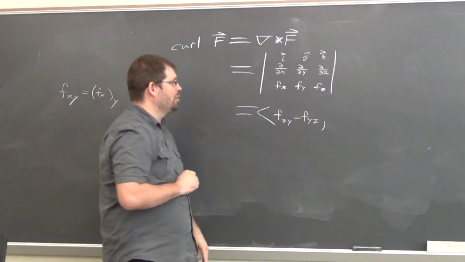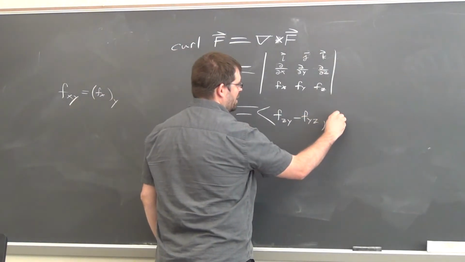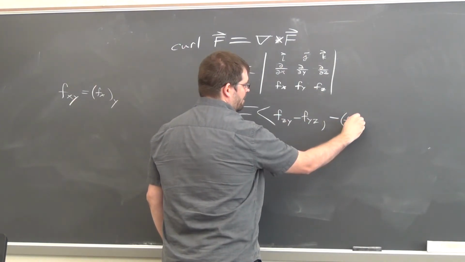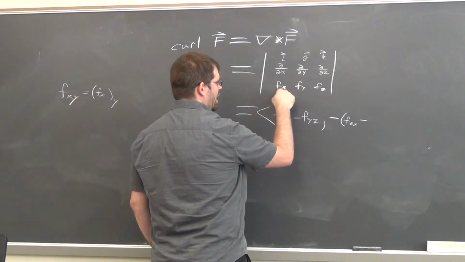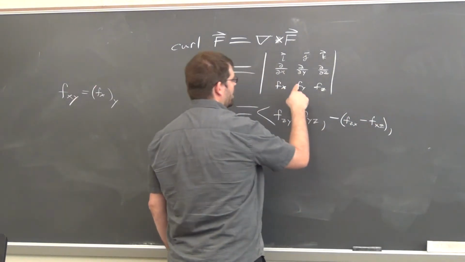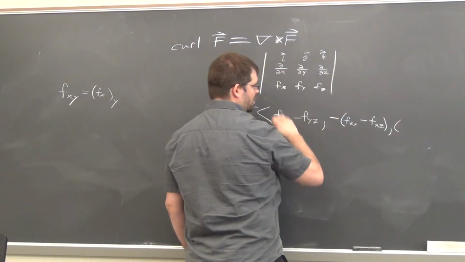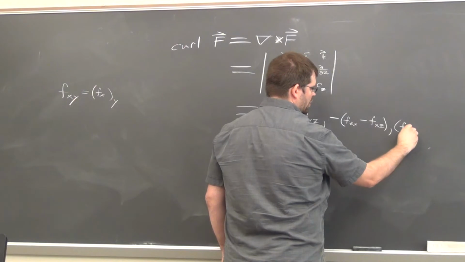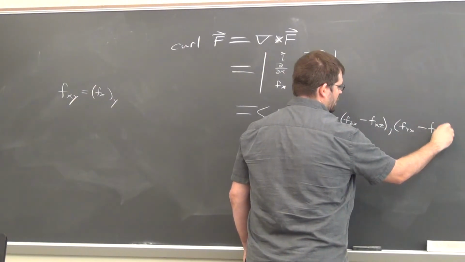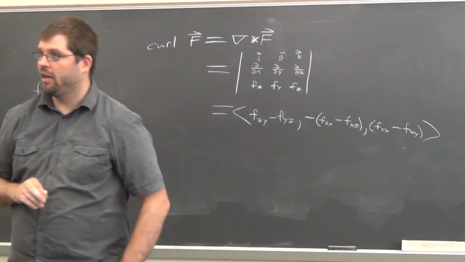And then the other ones: the middle term will be negative, z then x, minus x then z, and then yx minus xy. Okay? And now we have that theorem, right?